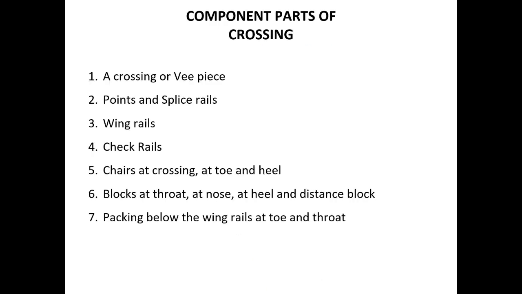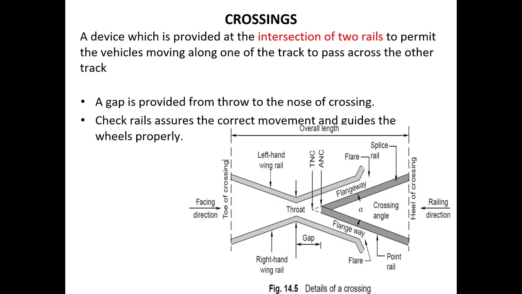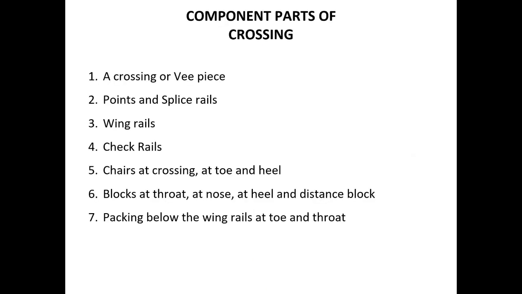So we will now list the component parts of the crossing. The crossing consists of a V piece, which we have seen. This is the V piece. Then it consists of point and splice rails that we have seen. It consists of wing rails. It consists of check rails, chairs at crossings and at toe and heels.